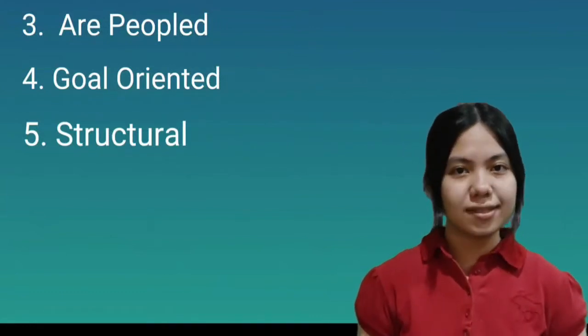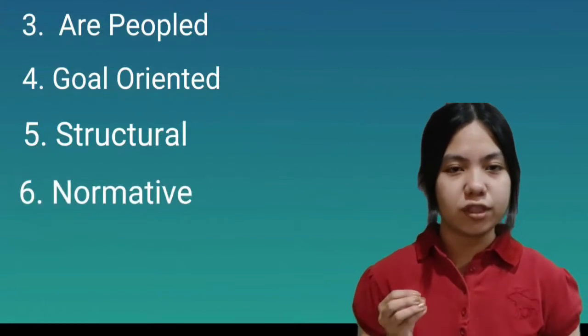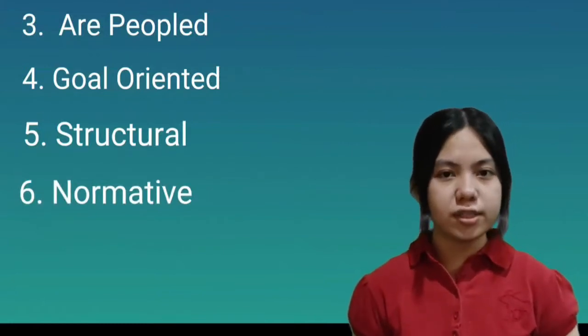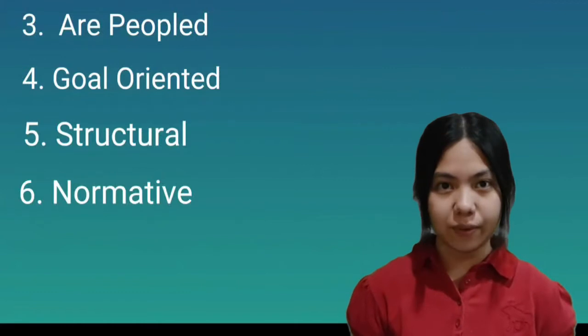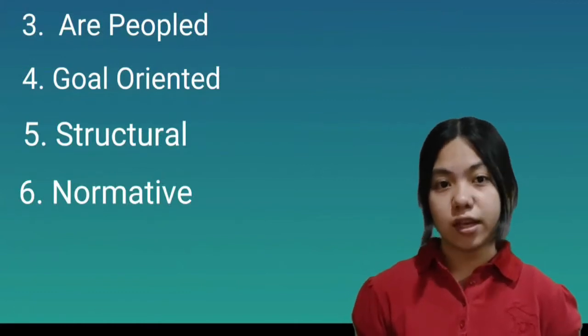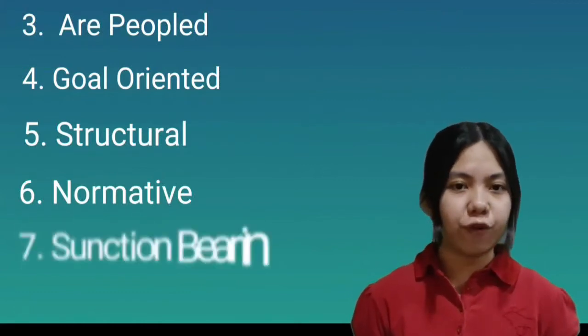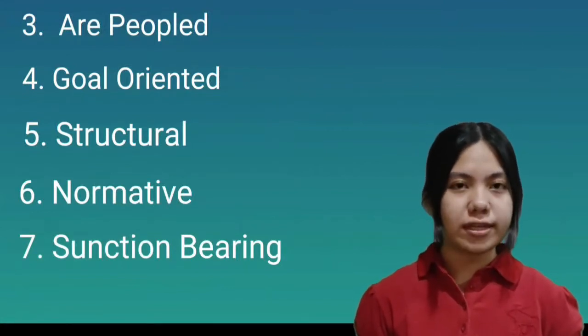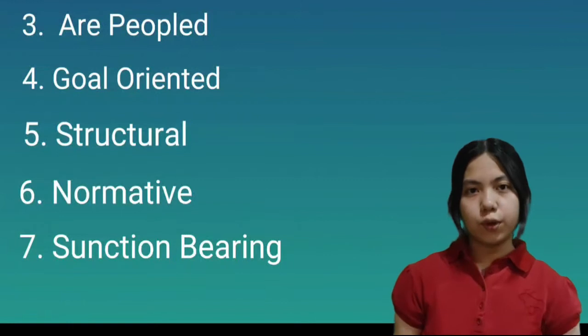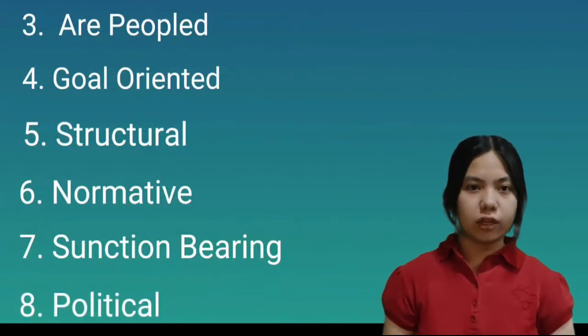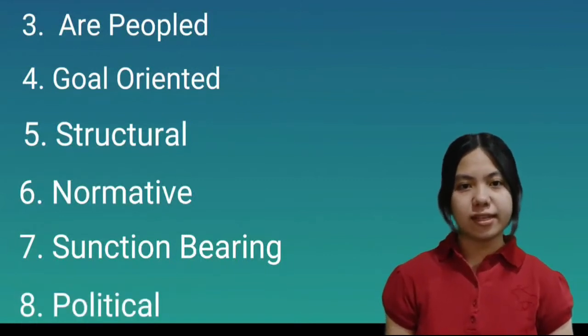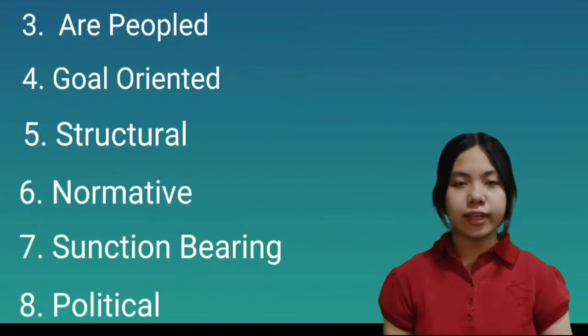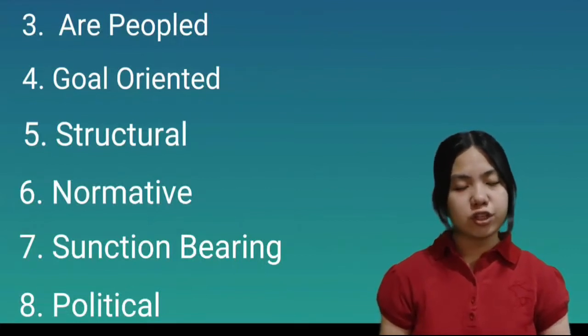School as a social system is normative. It's because the school has rules and regulations to equip students with appropriate behavior. Also, it is sanction bearing because the school has formal mechanisms and informal sanctions to prevent students from misbehaving. Schools as social systems are political because the school possesses dominance relations that naturally influence the actions of administrators and teachers.